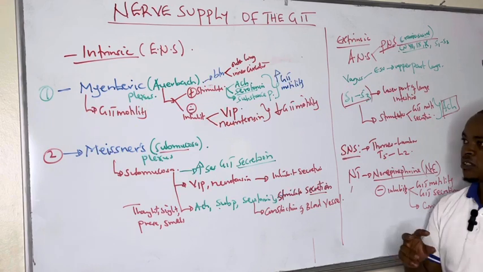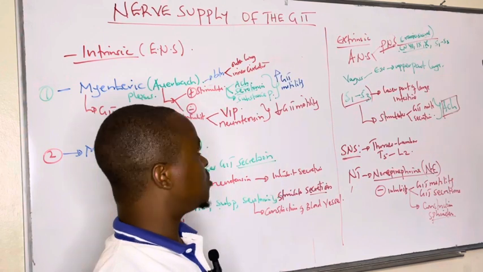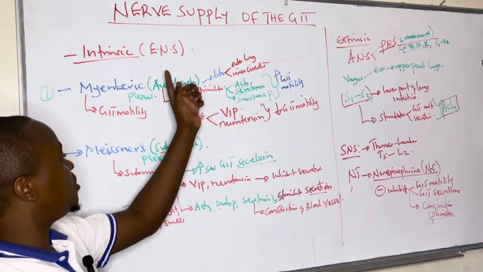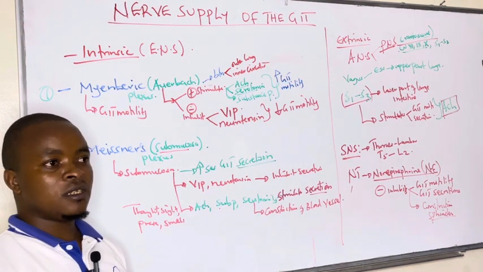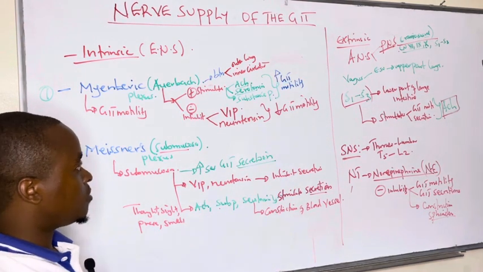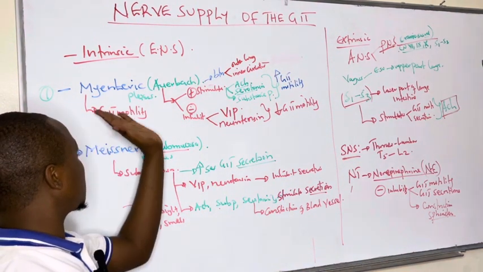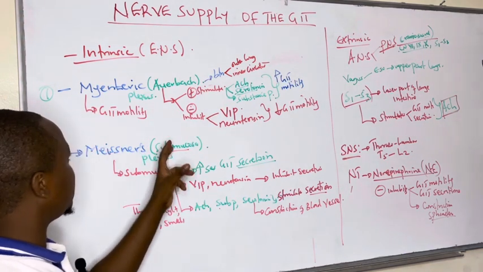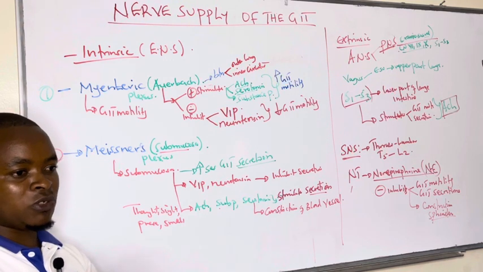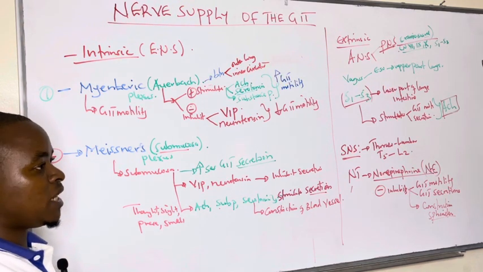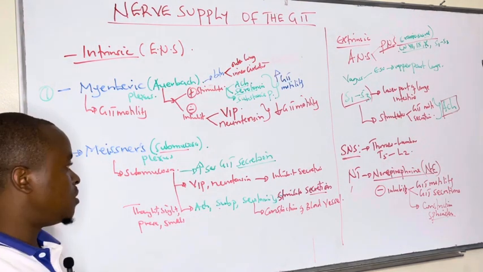We have seen that the nerve supply in the GIT is divided into two: the intrinsic, which is the enteric nervous system, and the extrinsic, which is the autonomic nervous system of the brain. We have seen the intrinsic being done by the myenteric or Auerbach plexus, found between the outer longitudinal and the inner circular layers of the muscularis, and the submucosal plexus, found in the submucosa.